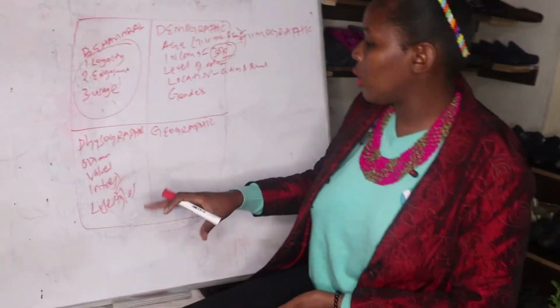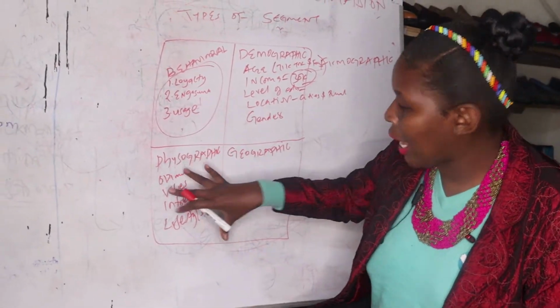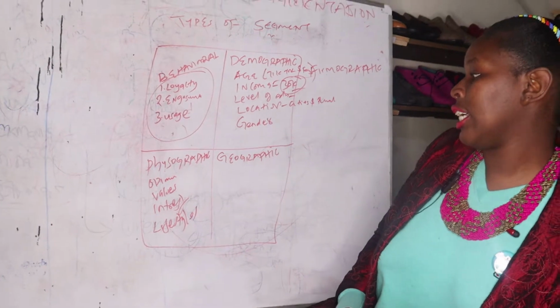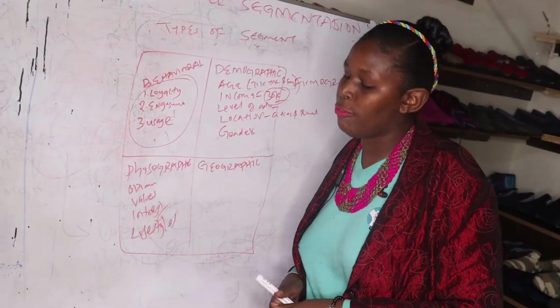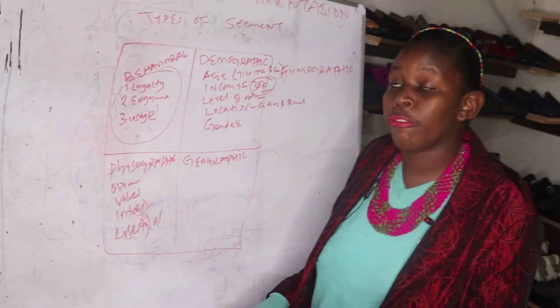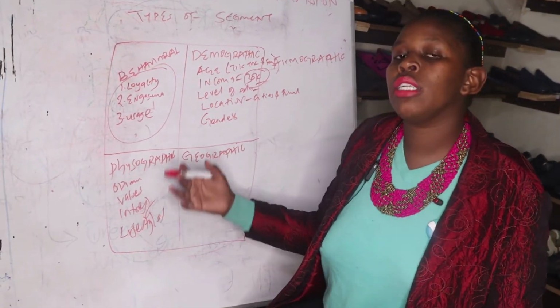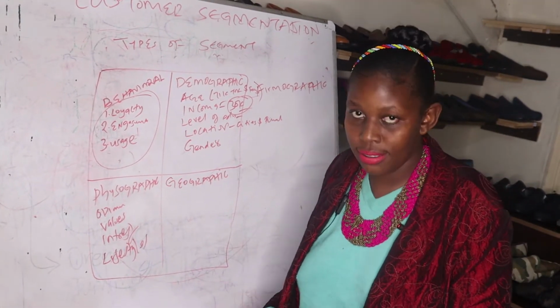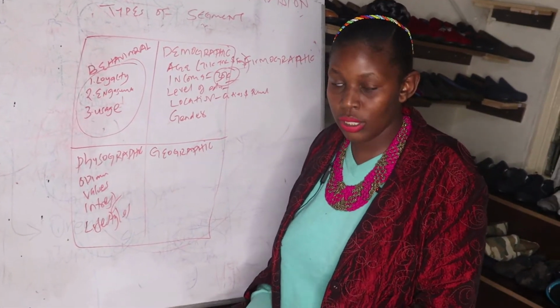This one will determine the brand message. For example, if you're targeting people from, let's say, uptown, if you talk to them with such ads, will you really communicate? You see?